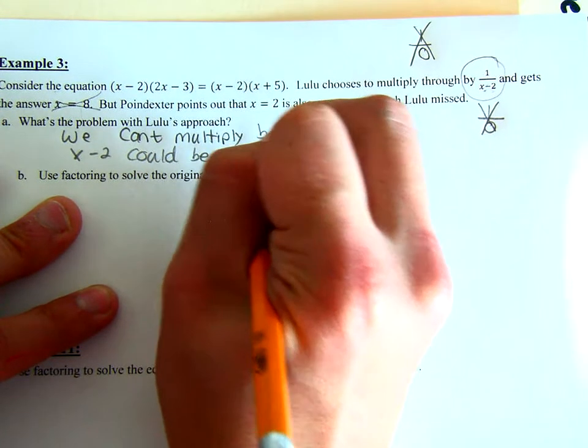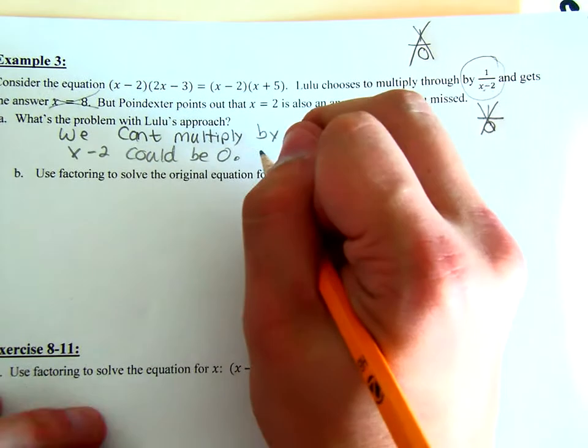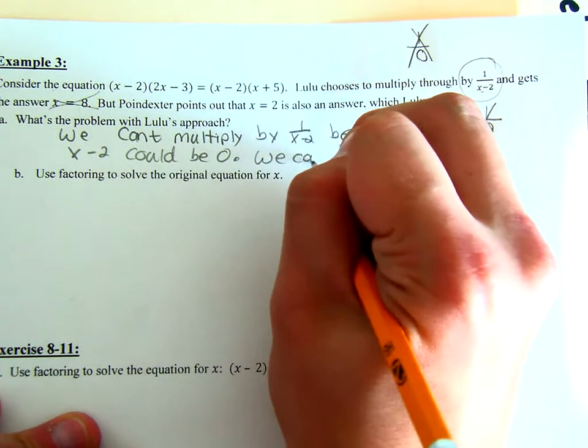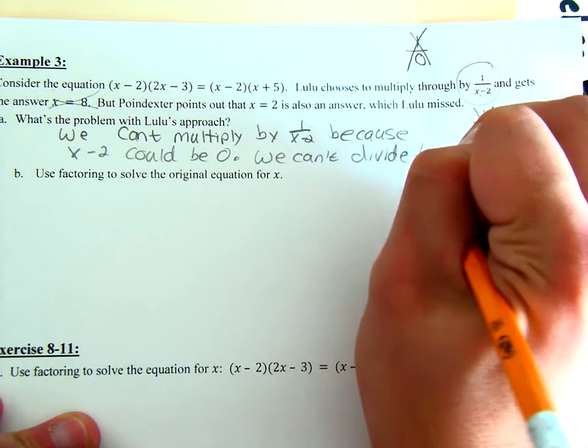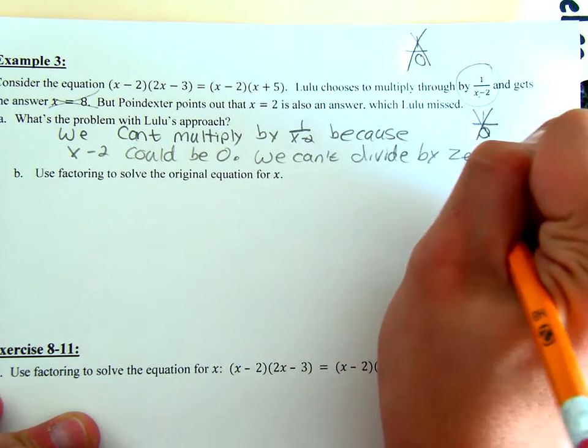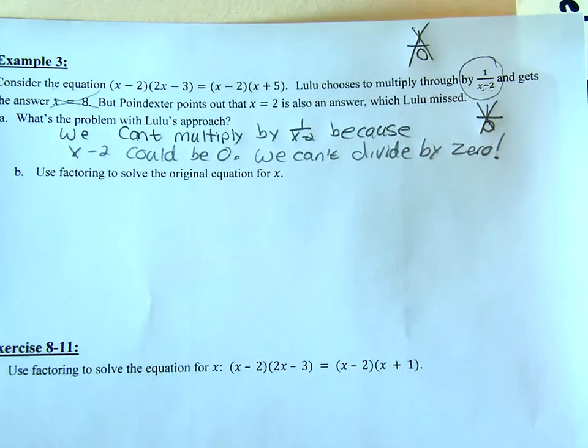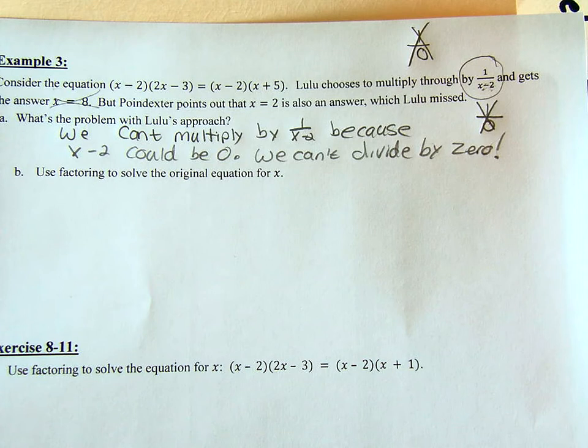And we can't divide by 0. Okay? And now it says for b they want us to use factoring to solve the original equation for x.